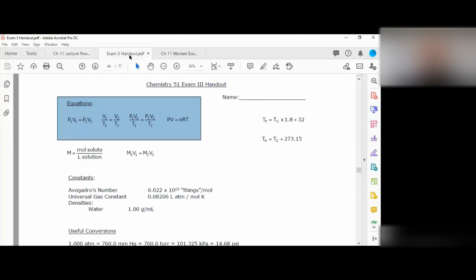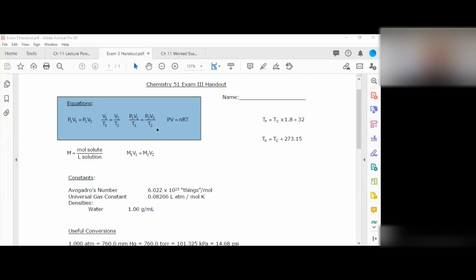If you look at the exam handout, the third law basically omits the amount. So you could be dealing with another version of the combined gas law where you skip the amount and consider only pressure, volume, and temperature before and after. So you could see here P1 V1 over T1 equals P2 V2 over T2.